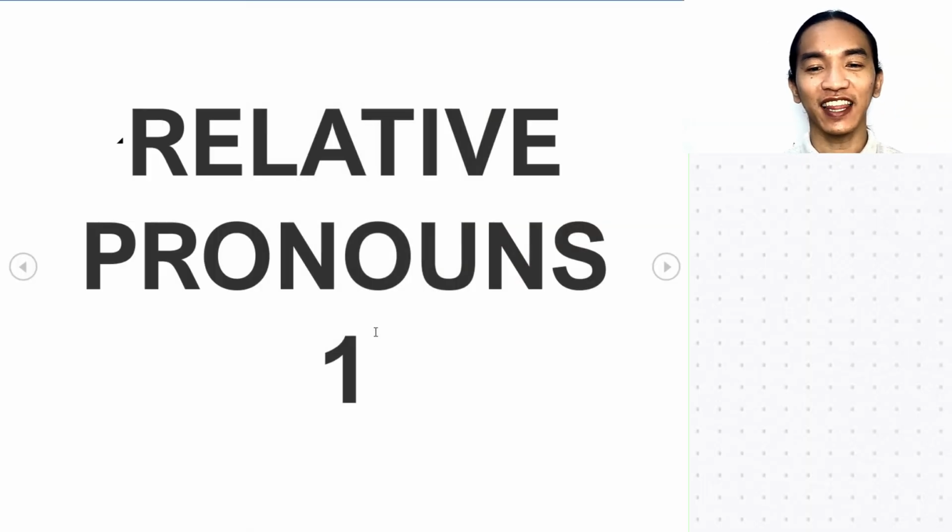Let's go. So for this lesson, let's go ahead and move on to another type of pronoun, which is one of the most common ones that we encounter in English communication skills, your relative pronoun. All right. So to better know the concept of relative pronoun, let's start by giving its meaning first.